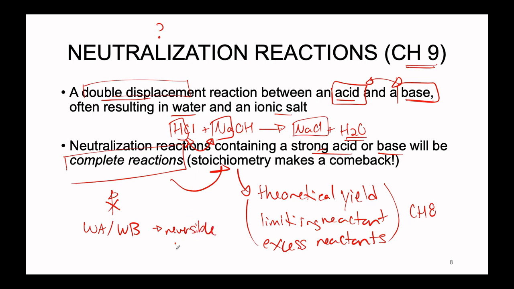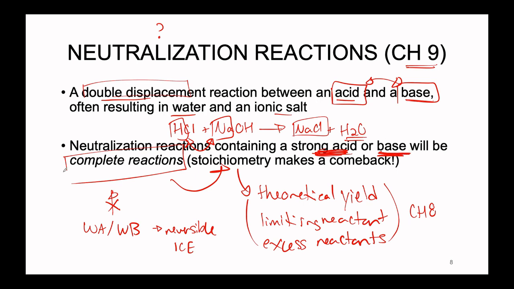And if we're looking at a reversible reaction, we have to use the ICE table method to figure out some type of possible yield, or what reactant do we have left over, all of those questions. We need to look at equilibrium conditions. We can't just assume that there is a complete reaction. So what we're really going to have to be paying attention to is, does your reaction contain a strong acid or a strong base?